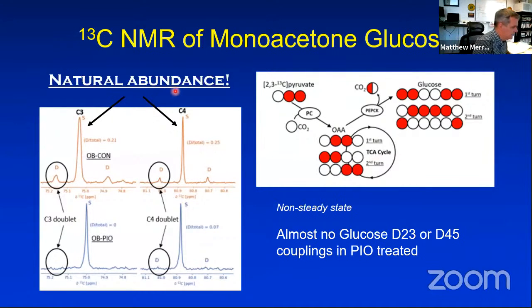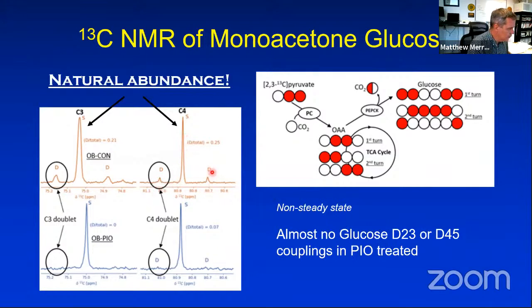Now, this is where I want to step back and talk about the strength of MR. This singlet at the C3 and C4 position is actually natural abundance. That's 1% carbon-13.